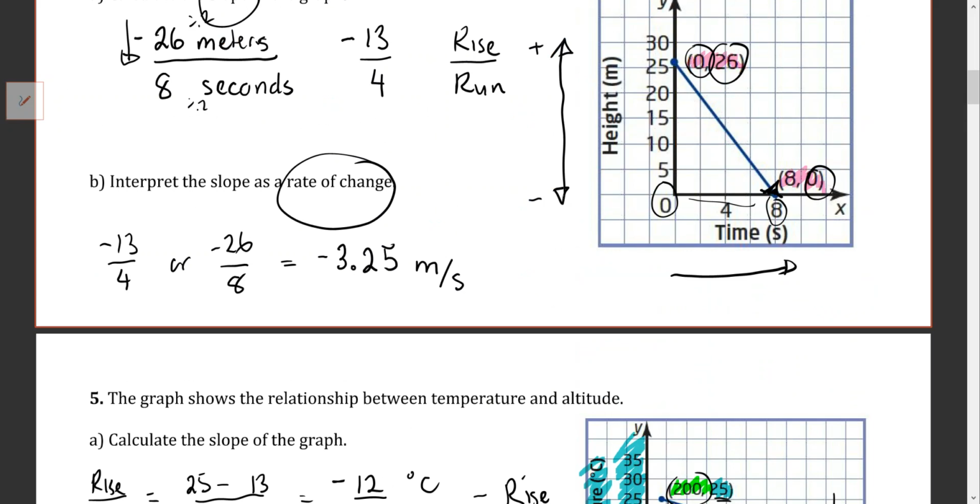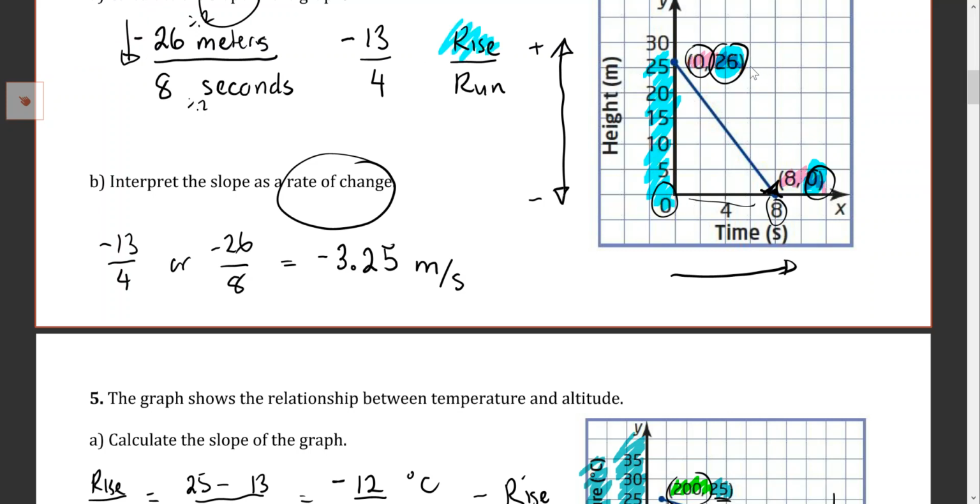So, for instance, with this one, if I highlight it, the rise, oh, wrong colour. The rise is from 25 down to 0, yeah? So 25, or 26, sorry, down to 0. So that's the rise.